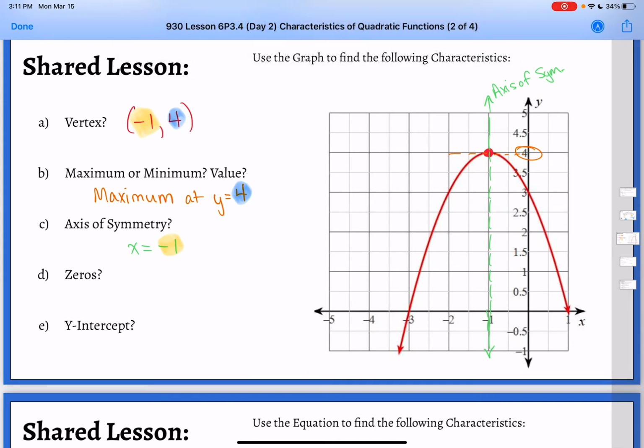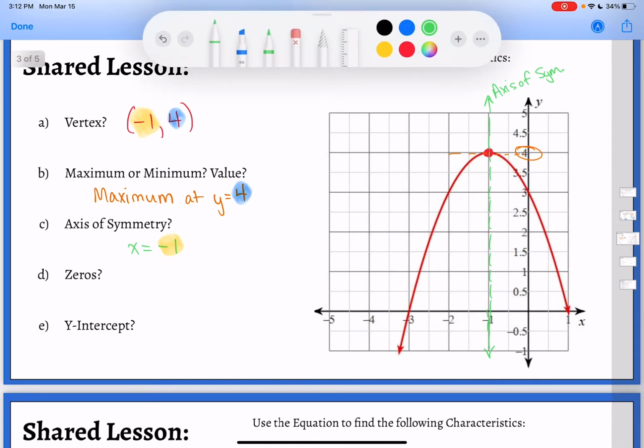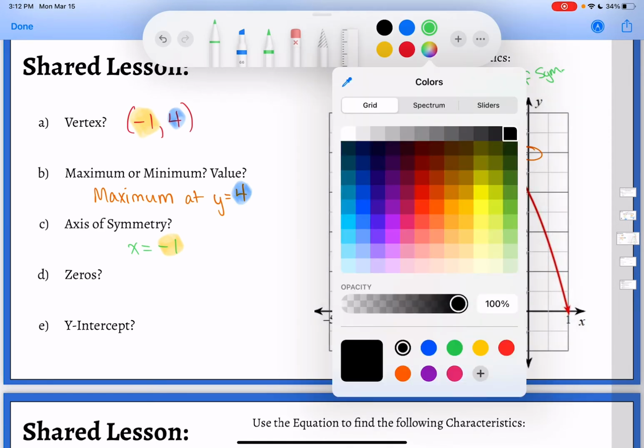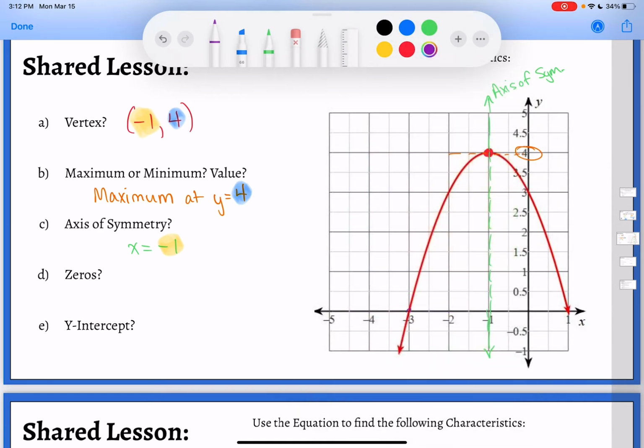So finding the vertex is a really important thing to do, whether I'm using my equation or my graph. All right, next thing says to find the zeros. So remember the zeros, those are the points where it crosses the x-axis. So my zeros here are -3 and 1.